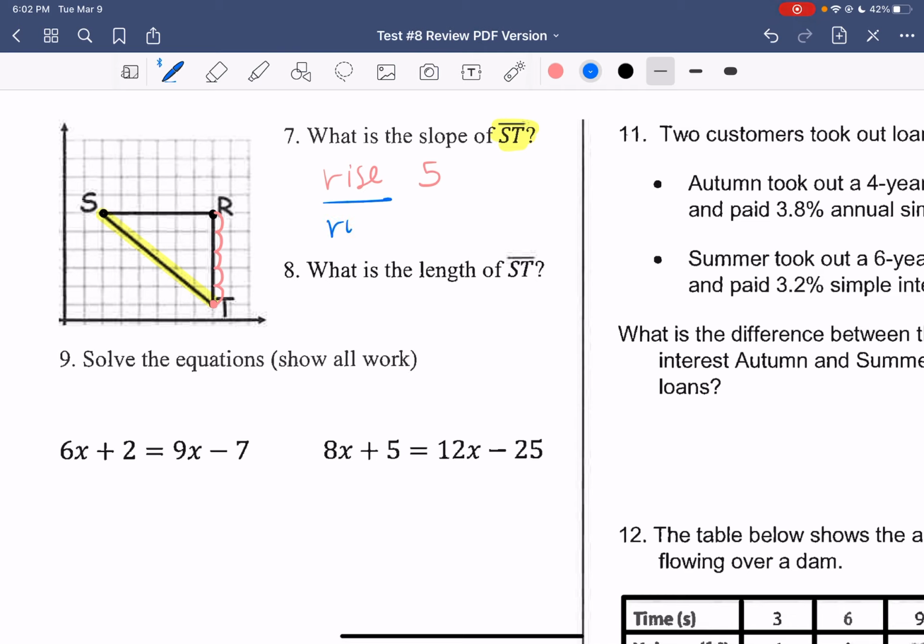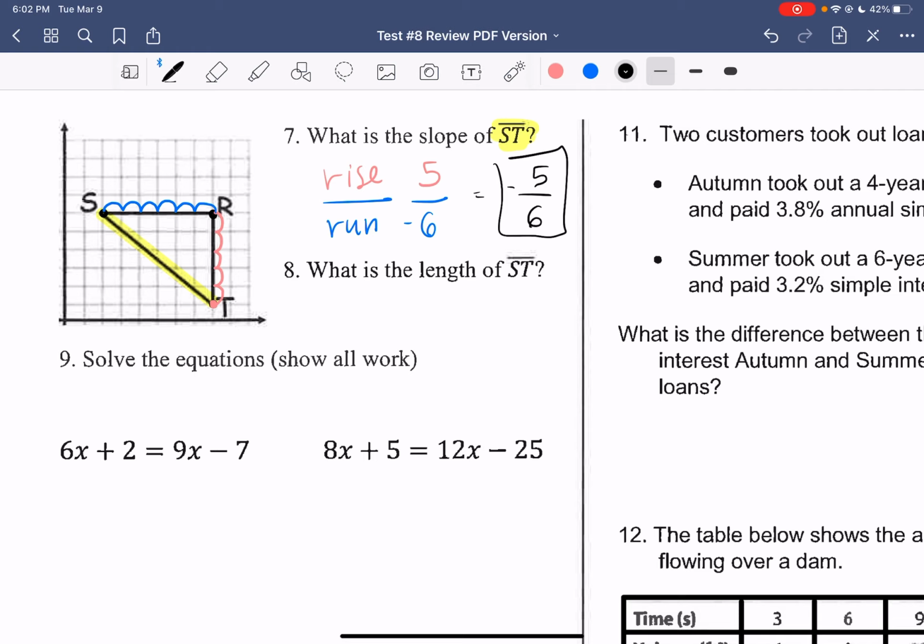And the run is going to be 1, 2, 3, 4, 5, 6. The run is going to be 6. And we're going in the left direction, so that's going to be a negative. Or, again, as long as the overall slope is negative, so that's going to simplify to -5/6.